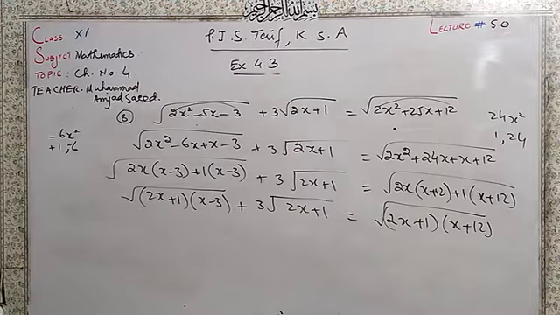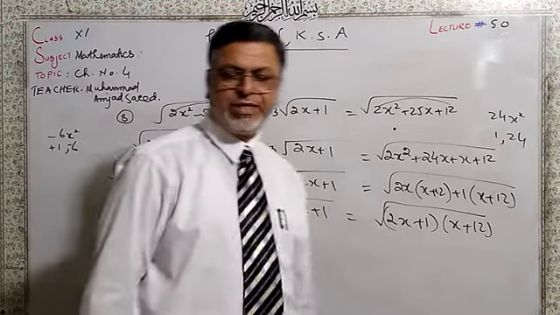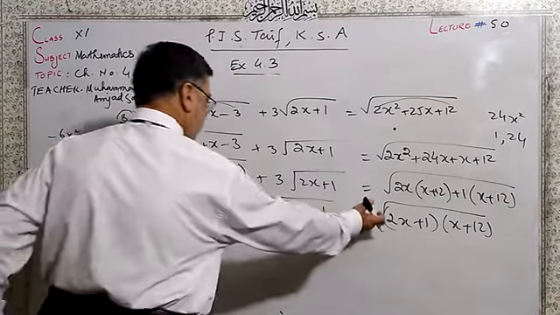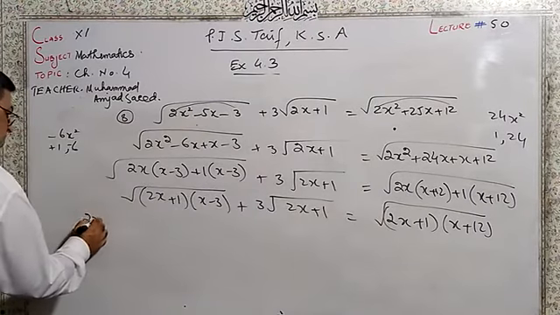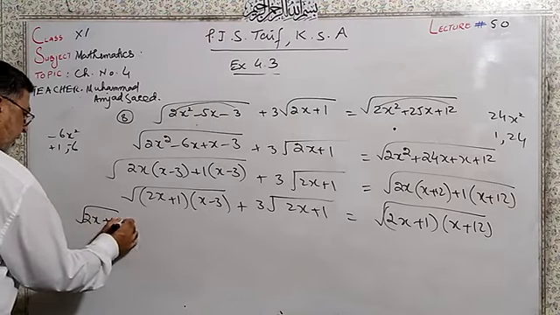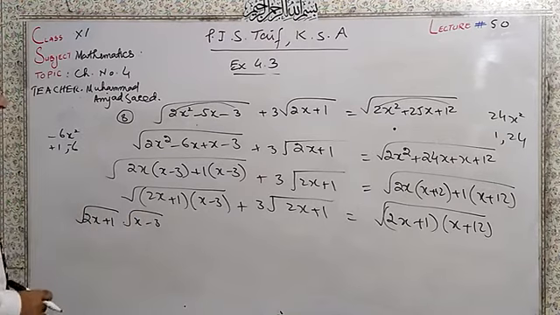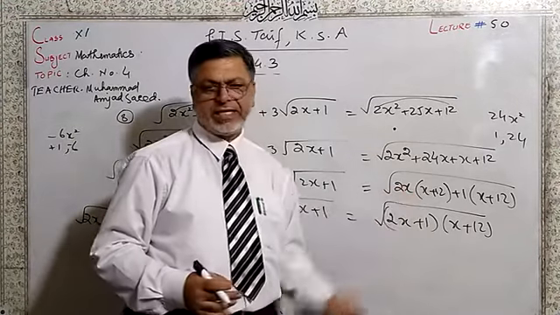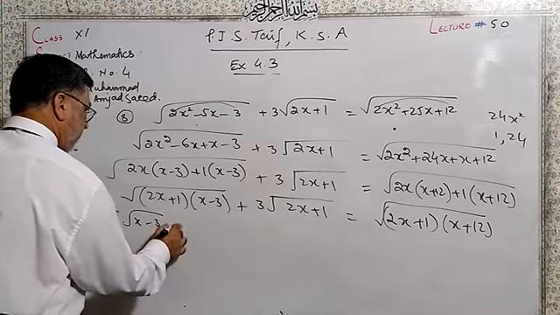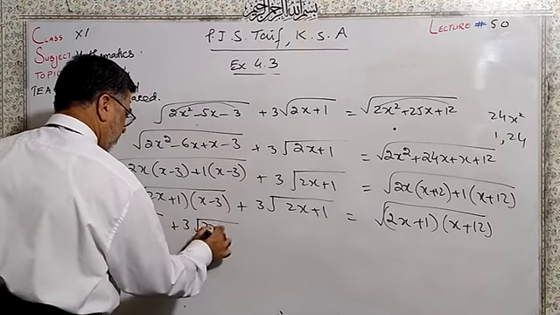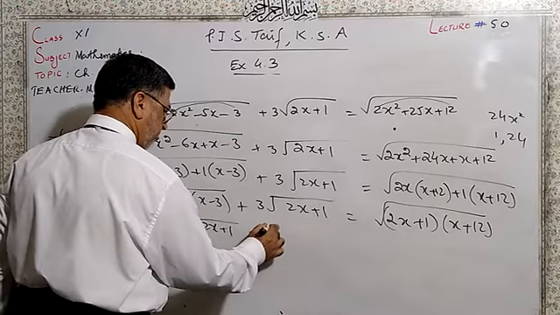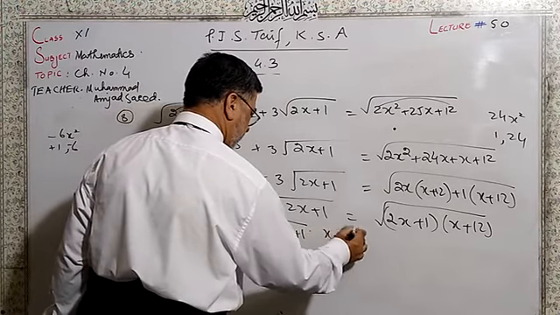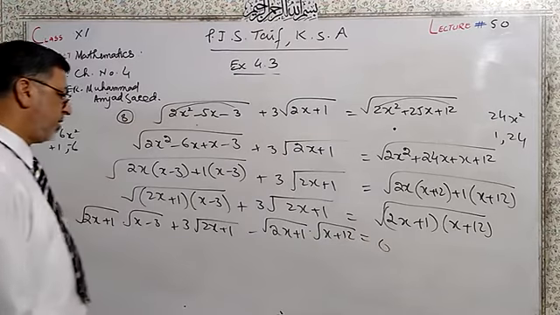Dear students, we will take these terms on the left hand side. After that, bring these root of 2x plus 1 into root of x minus 3. Remember that in case of multiplication, you can split up this radical sign. Plus 3 into root of 2x plus 1, minus root of 2x plus 1 into root of x plus 12, that is equal to 0.